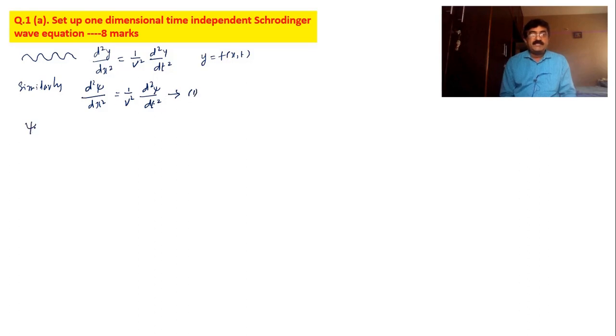And psi is a solution for this entire equation, and we can show that it is equal to A into e to the power of minus i (omega t minus kx). This equation we need not derive, we can directly assume it. Now differentiate d psi by dt with respect to t.